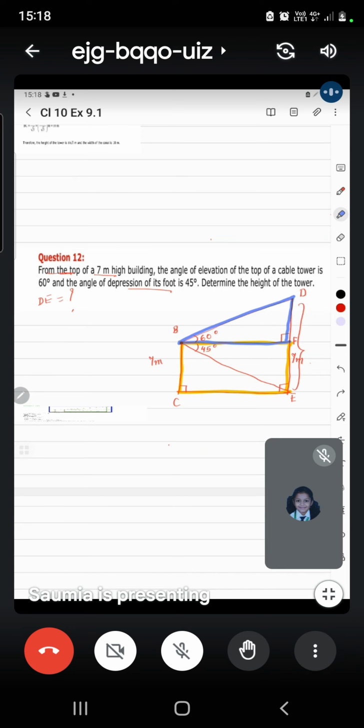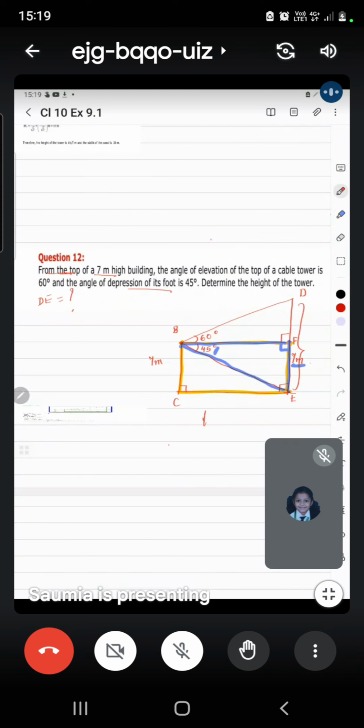Ma'am, we can take triangle BFE and use the tan ratio. Yes, you can use the tan ratio in this triangle. Now, in this right angle triangle, I know one side and I know one angle.